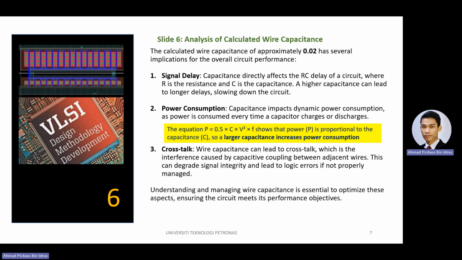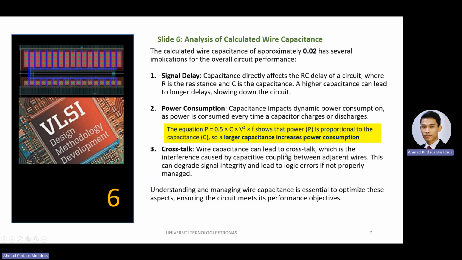Number two, the second implication is power consumption. Capacitance impacts the dynamic power consumption, as power is consumed every time a capacitor charges or discharges. So a larger capacitance increases the power consumption. And the third key implication is crosstalk.